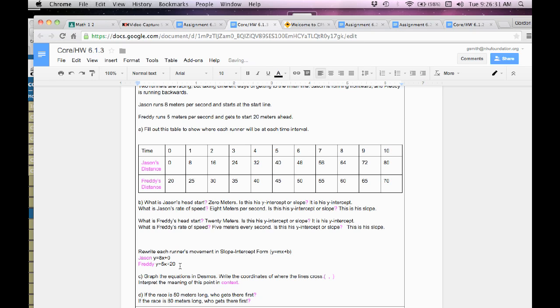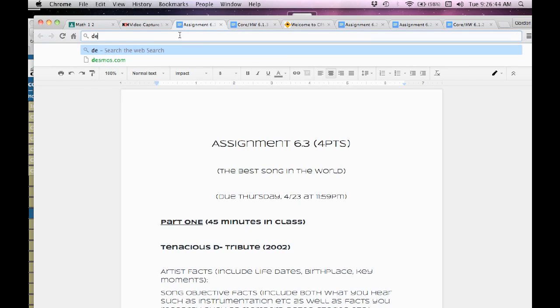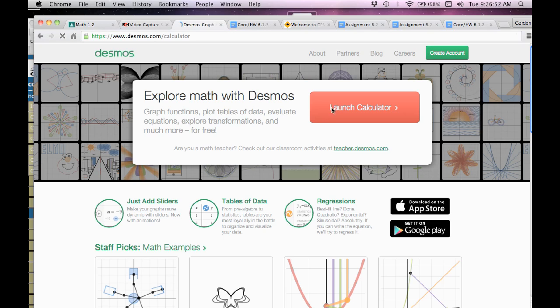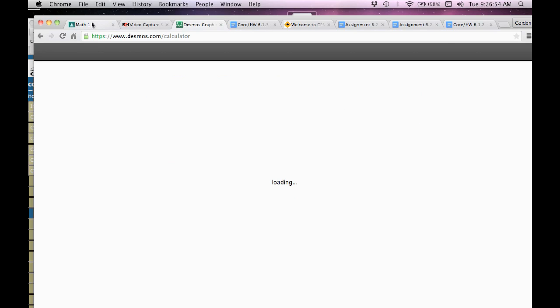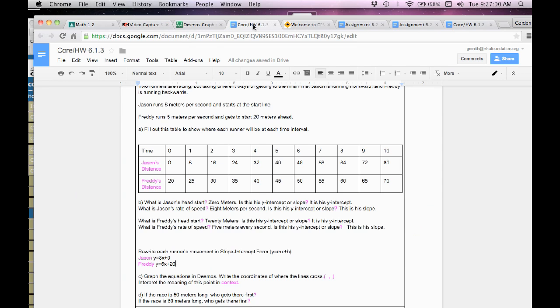Okay. So now we're going to graph these equations into Desmos.com, and we're going to write the coordinates where the lines cross. So we have y equals 8x plus 0 and y equals 5x plus 20. So let's try this out. There it is.